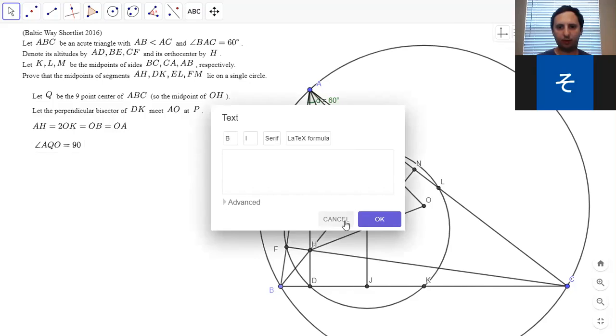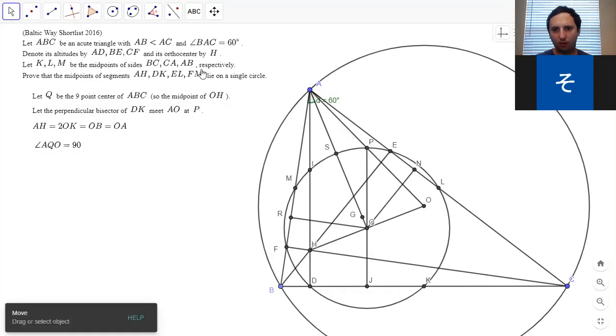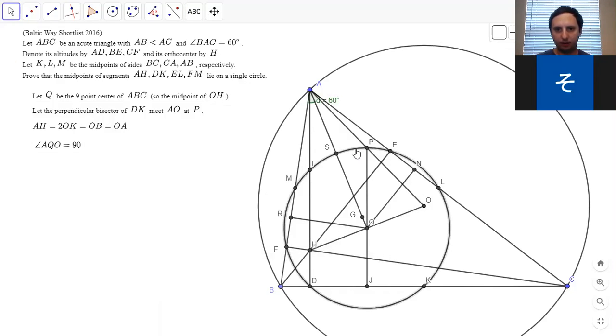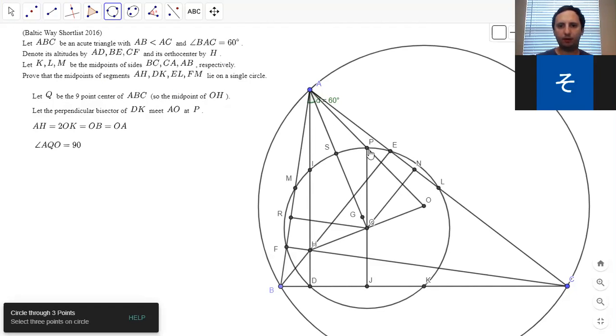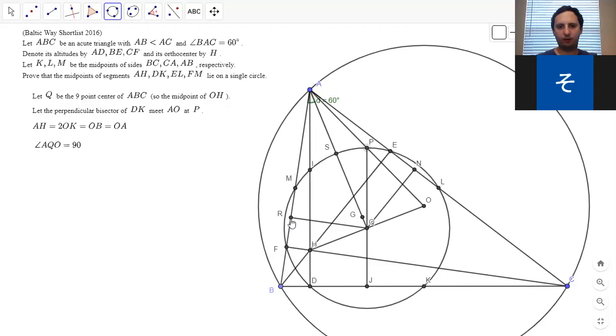Then we could try to show that PRJN is cyclic. And then once we show P lies on it, then we could try to show I lies on it. Okay.